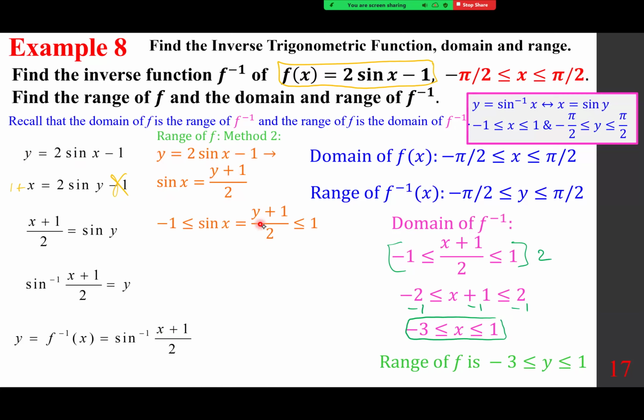Now work on this. If you multiply this one by 2, you get minus 2. This goes away. This becomes 2. Subtract 1. And again, from here to here, couple of steps in between. I'll leave it for you to finish it. But here's the second method that I wanted you to see. Okay, everyone?